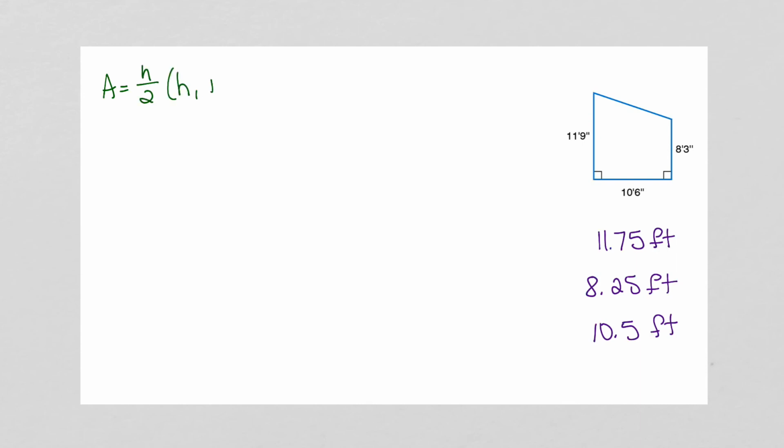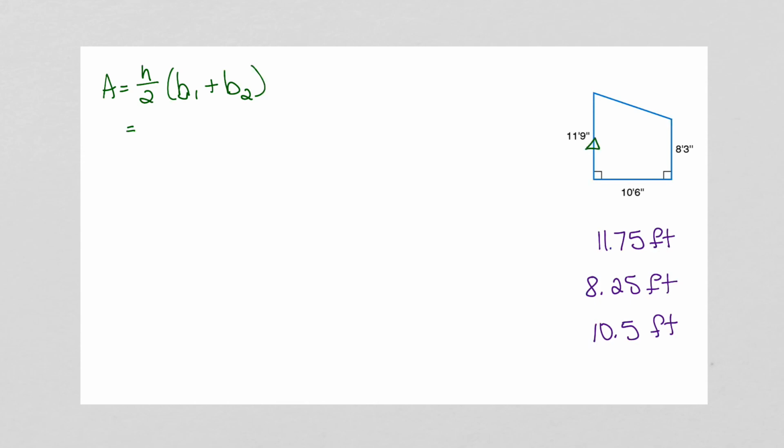Okay, the next step is to find the area. There's our measurements. That is the height divided by 2 times the sum of the bases. The height here is the distance between the bases. Now, this is not the base, even though it's on the bottom, okay?